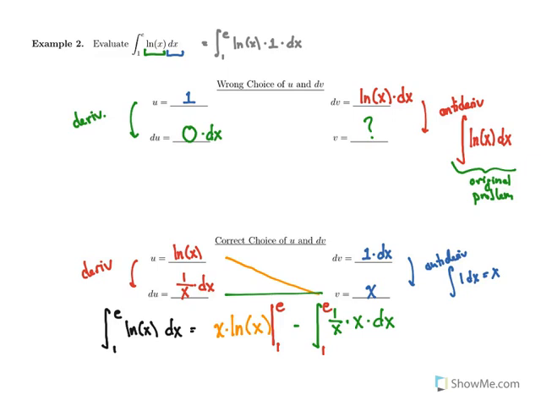The second thing to notice is that in that second integral, that may look complicated, but these x's cancel out, and we are left with x natural log of x from 1 to e minus the integral from 1 to e of 1 dx. And that is an integral that we actually just did earlier in this problem. I'm going to go to the next page to finish this off.